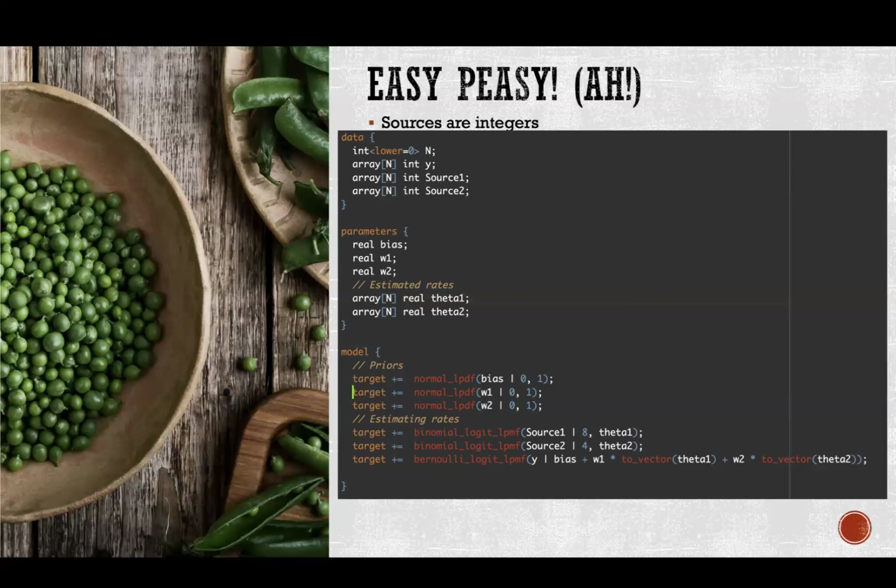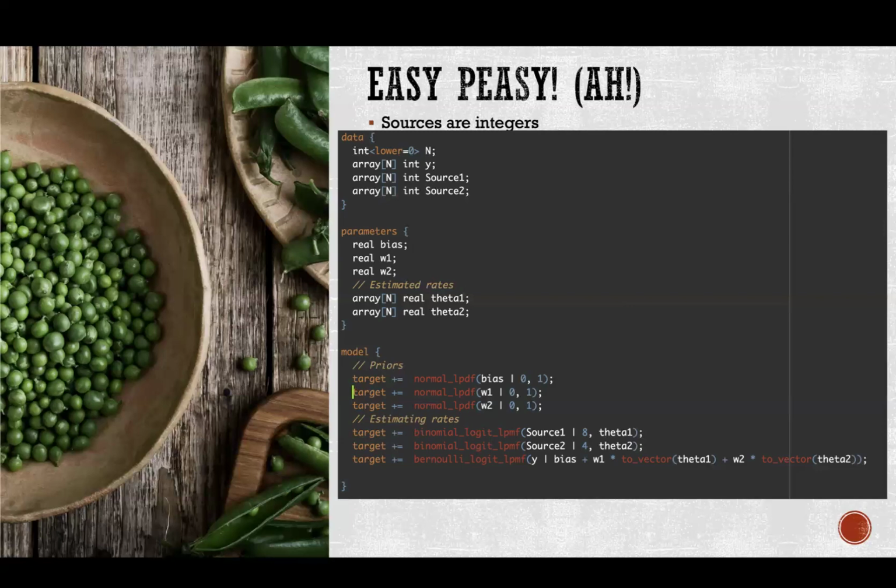Then we have our usual parameters. We have a bias. We have a weight for the first source. We have a weight for the second source. But now we also have estimated rates underlying the integers that we have in source 1, that's theta 1, and the array of estimated rates that underlying the integers in source 2.